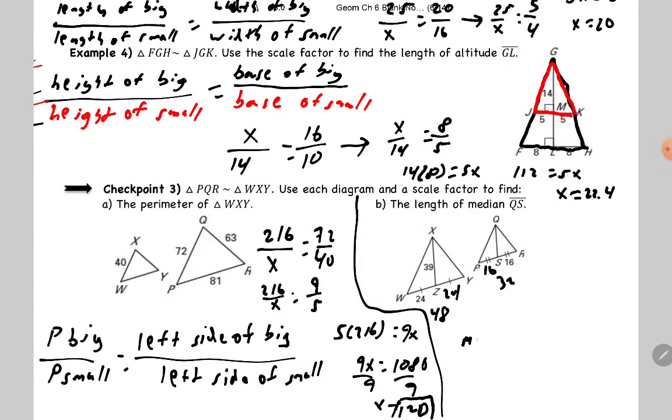So I'm going to do median of the big over median of the small. So 39 over x is equal to the bottom of the big, which is 48, over the bottom of the small, which is 32.